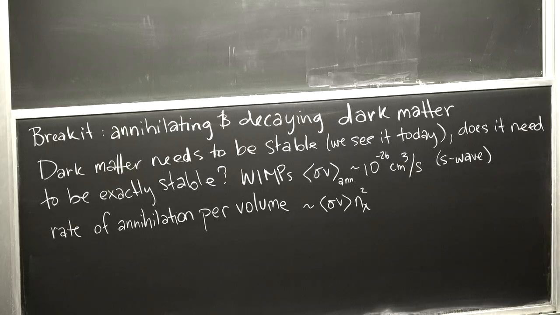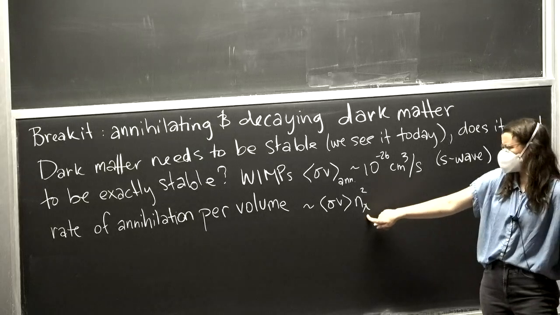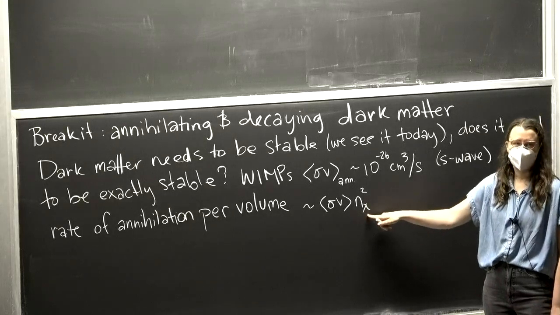There's a twiddle there because maybe there's some factors of 2, if you want to count Dirac fermions or Majorana, identical, whatever. Order of magnitude style, we don't care about that. Again, this is n chi squared, so this is a rate per volume.